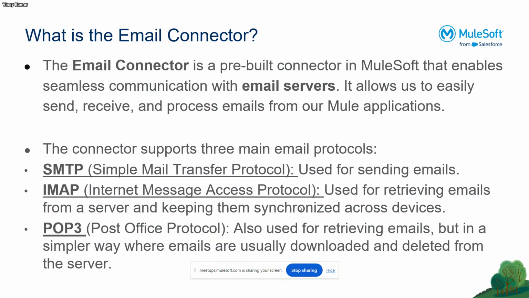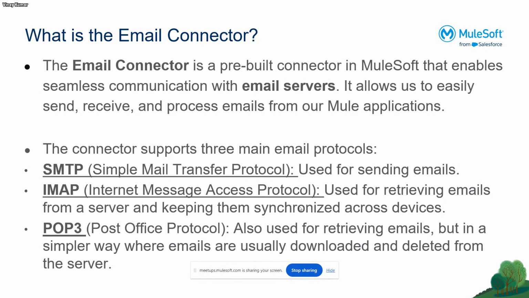This email connector supports three main email protocols. One is SMTP, which stands for Simple Mail Transfer Protocol. It is used for sending emails. Most mails are sent through SMTP servers only. Apart from that, we have IMAP and POP3. IMAP is Internet Message Access Protocol.